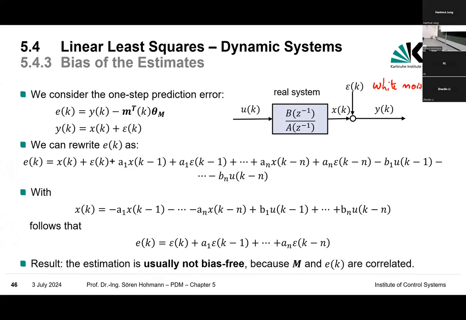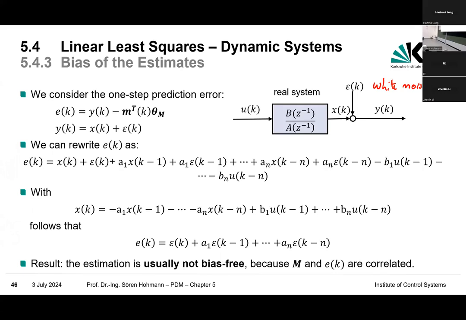Consequently, we can say there is a high probability that the estimation is not unbiased, because if you remember, in the static case, we ended up with the result that if epsilon is white noise, then we get a bias-free estimate. Unfortunately, E, which is the counterpart for epsilon in the static case, is not white noise.